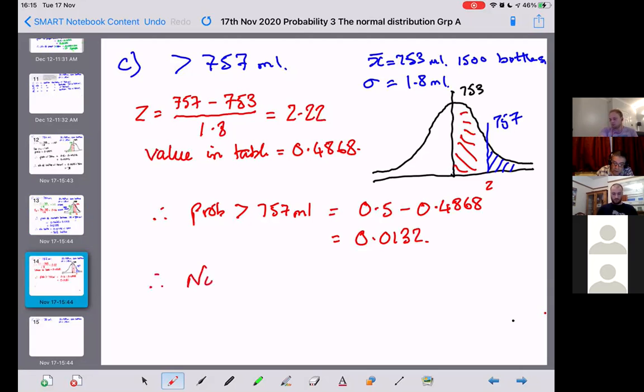Therefore, number of bottles equals 0.0132 times 1500 equals 20.